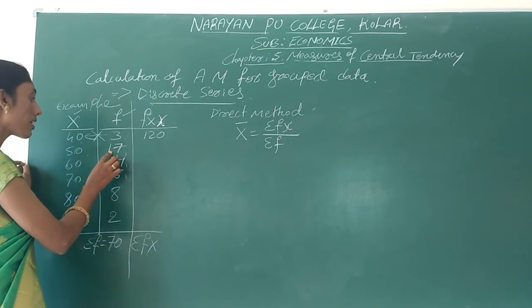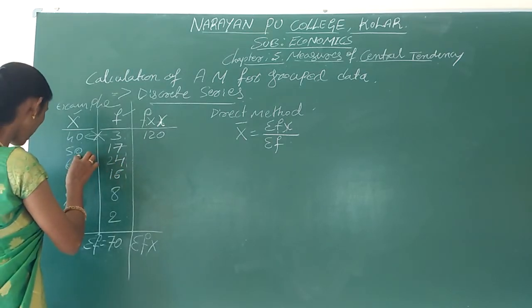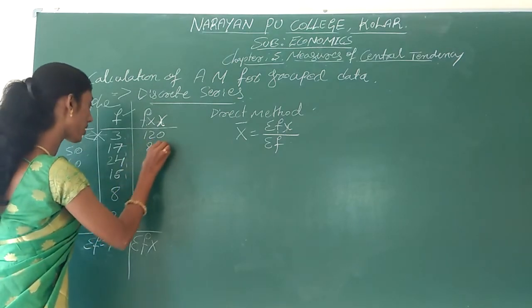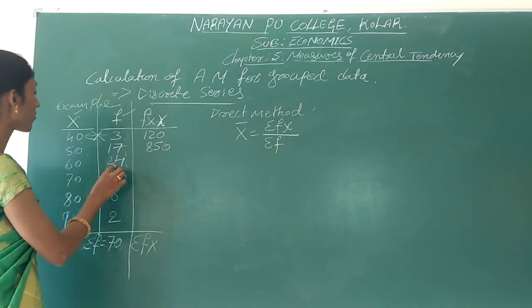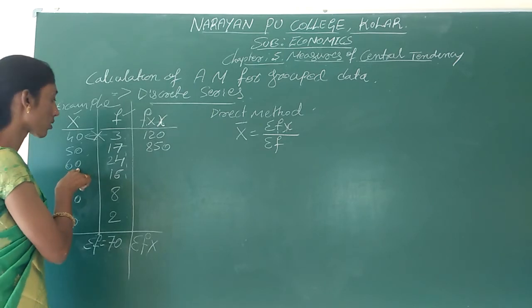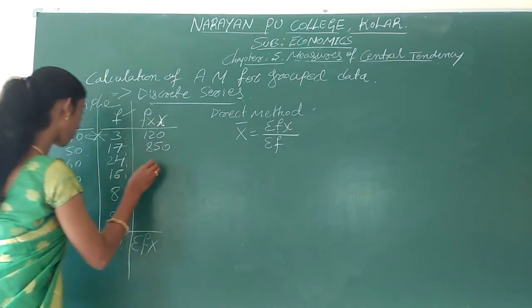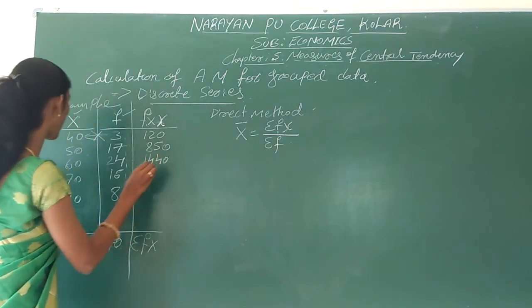Next, 17 into 50, we get 850. Next, 24 into 60, you can use a calculator, we get 1440.